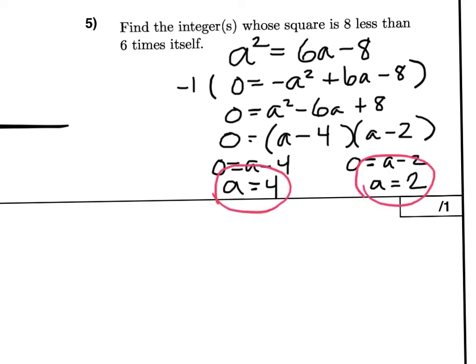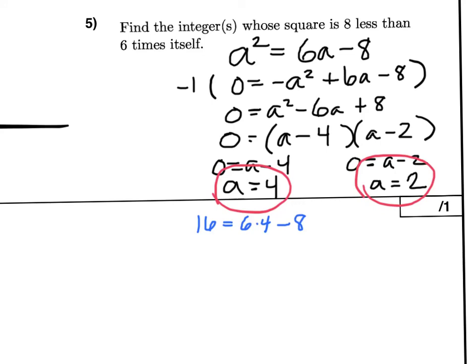Find the integer. But guess what? Let's double check it. Let's make sure they work. So if we square, the square is 8 less than 6 times itself. So the square of 4 is 16. Okay, so is 16 8 less than 6 times itself? Well, 6 times 4 minus 8.